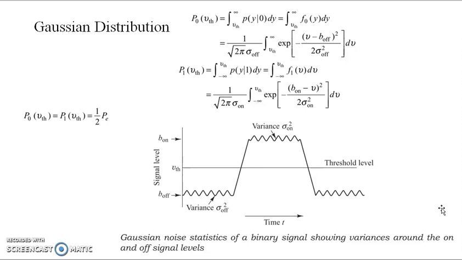For a 0, that is B off and sigma off square, that is the variance. B on and B off are nothing but labels for 1 and 0.